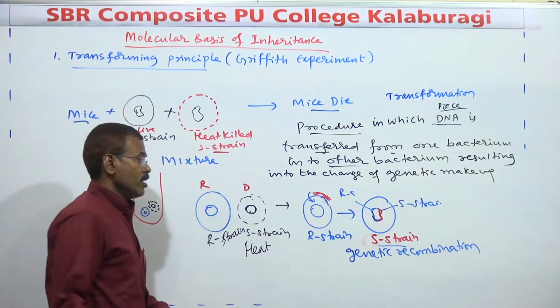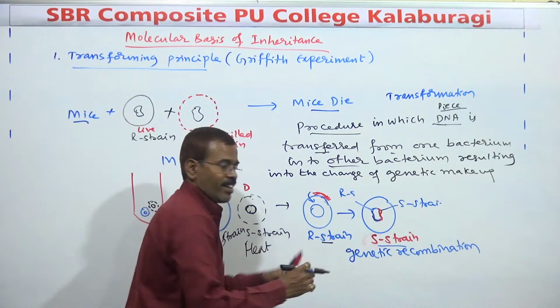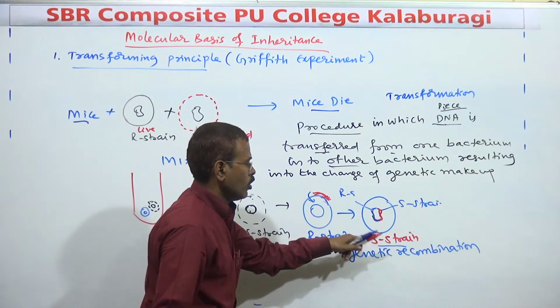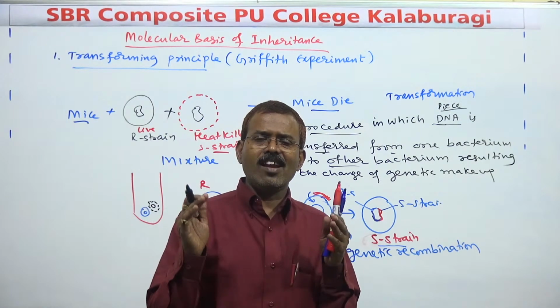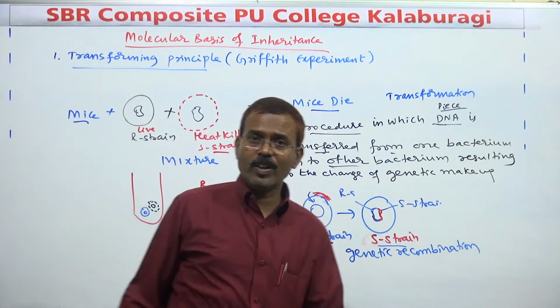So what happened? The R strain has been transformed, changed into smooth strain. So this is the transforming principle, that is bacterial transformation as conducted by Griffith.